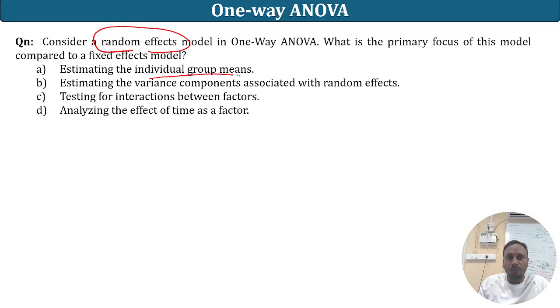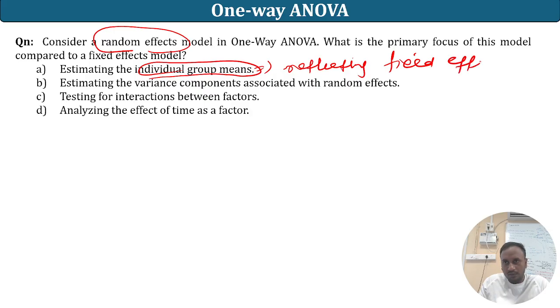Estimating the individual group means? No, this is reflecting the fixed effect. Estimating the variance component associated with the random effect? Yes, because we are checking the random effect of a larger population in the context of variance.